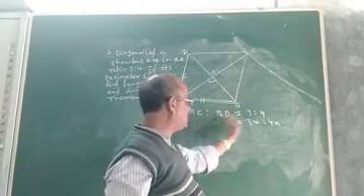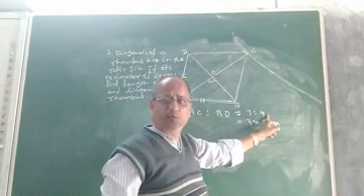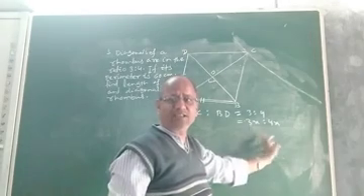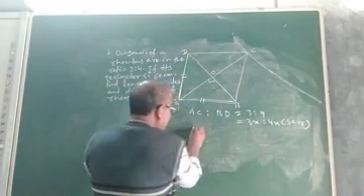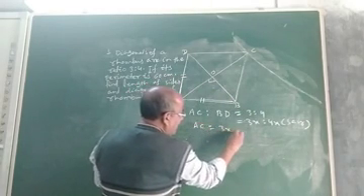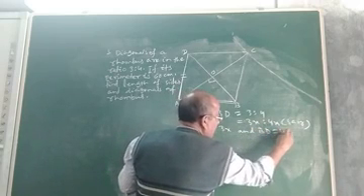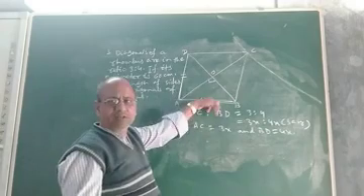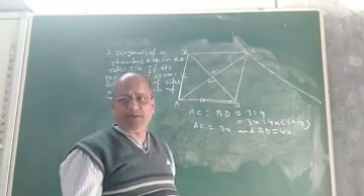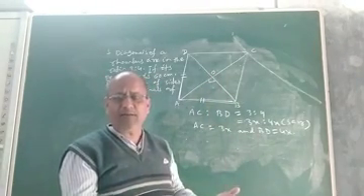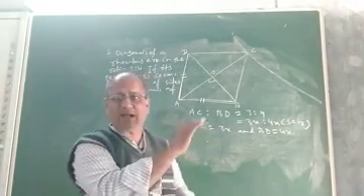So AC and BD, the two diagonals of rhombus ABCD, are in the ratio 3x:4x. That means AC will be 3x and the length of diagonal BD will be 4x. Just as I told you a few minutes ago, the two diagonals of a rhombus bisect each other, and they bisect at 90 degrees.